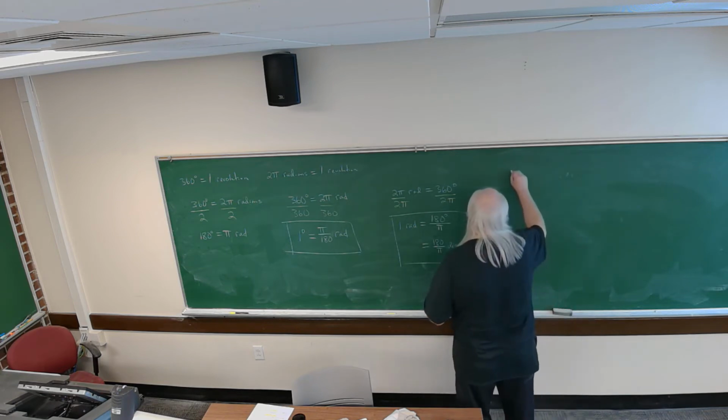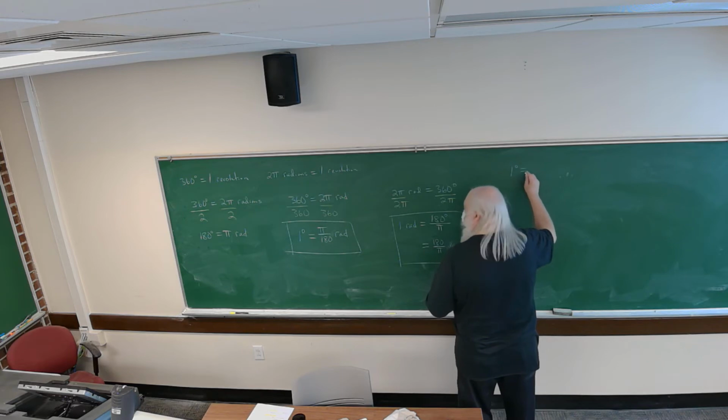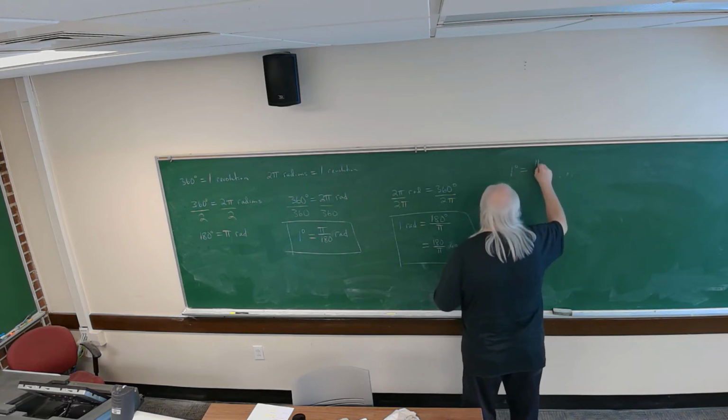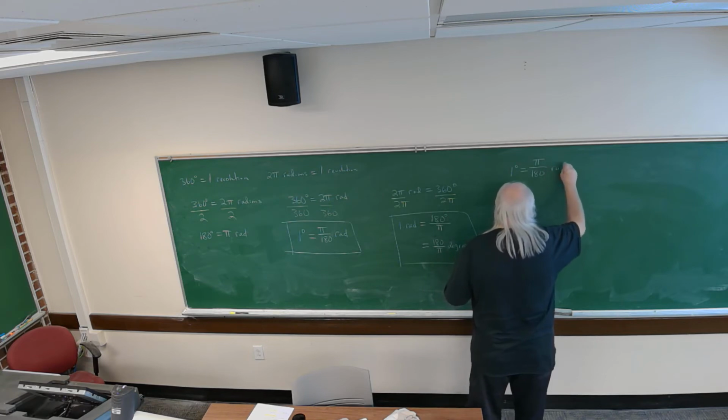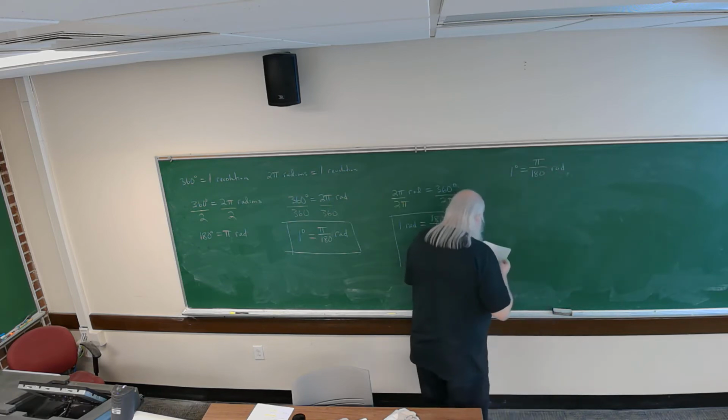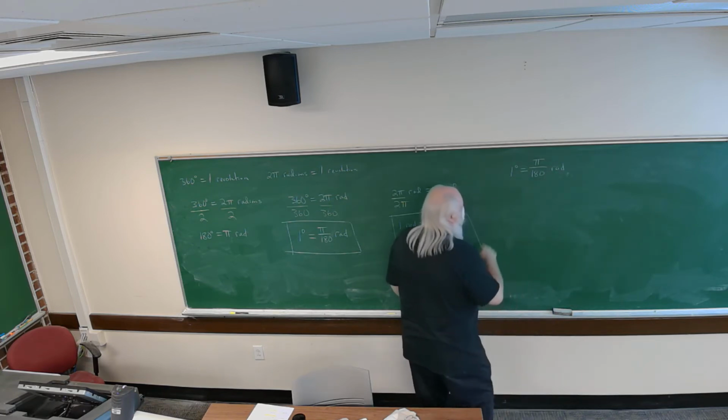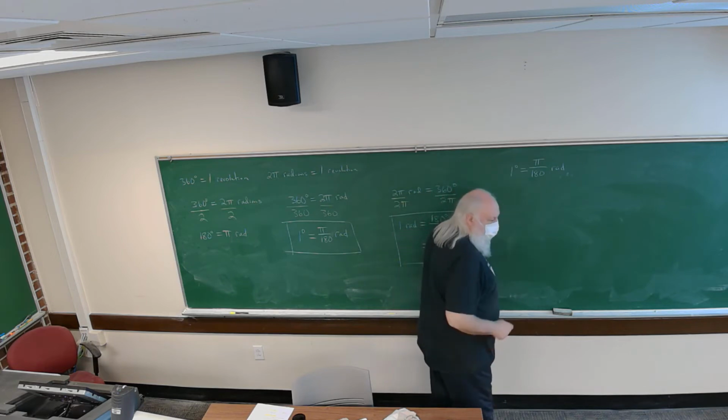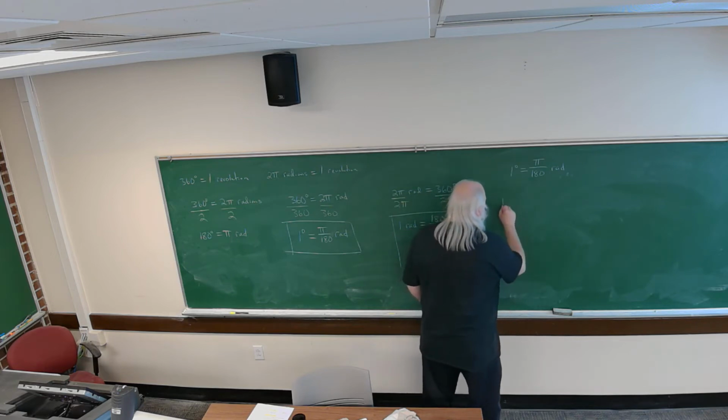Well, 1 degree is equal to pi over 180 radians. So I can multiply both sides of this equation by 135.